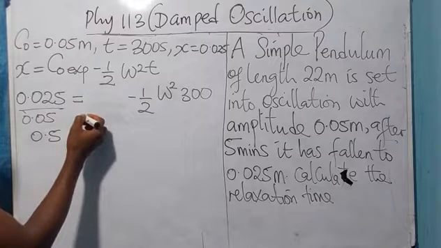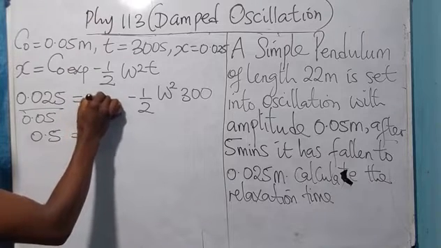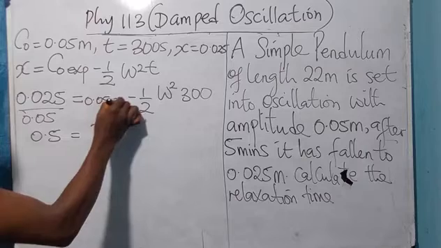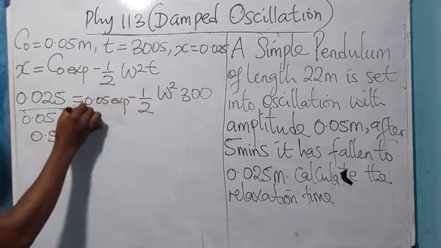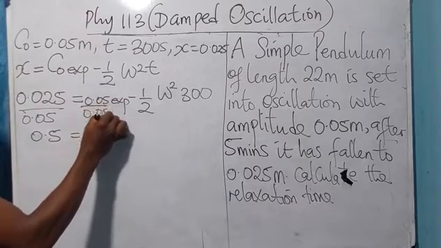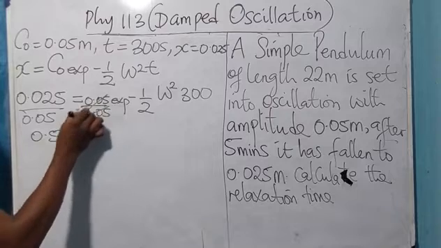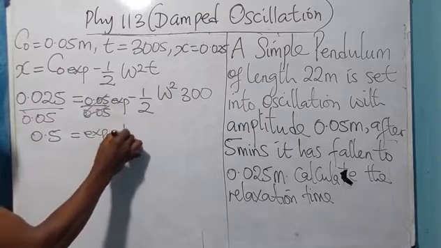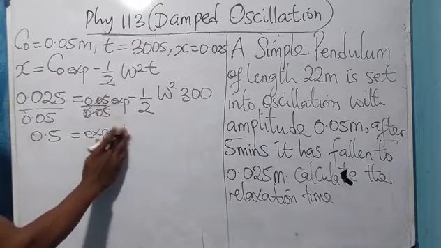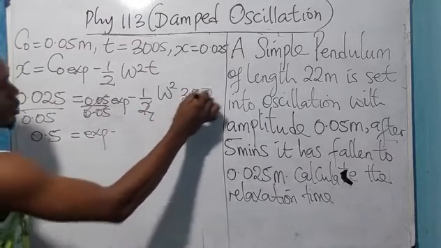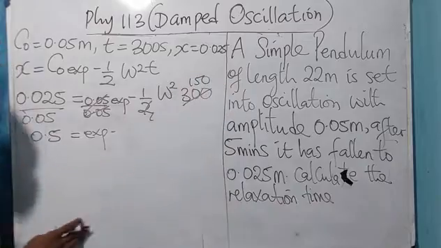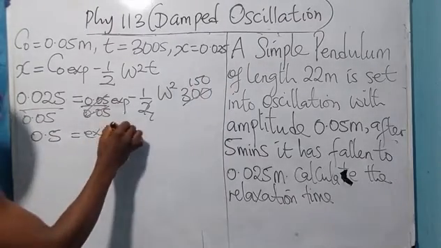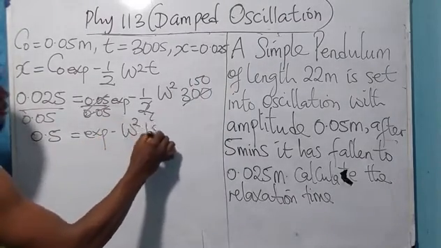So 0.5 equals the exponent, very important, it's not what you should omit. Now the exponent is minus 1 over 2 ω²t. So 1 over 2 into 300 is 150, and I have that ω² times 150.